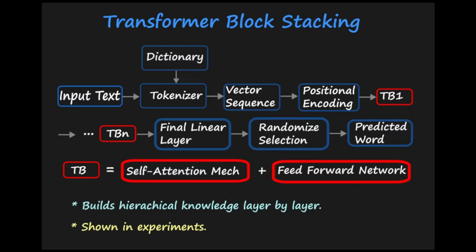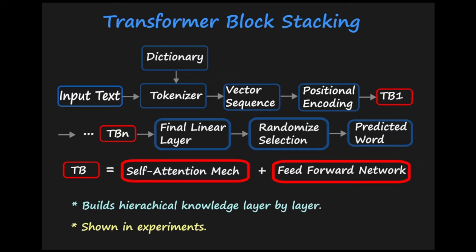By experiments, it's been observed that lower level layers recognize surface level patterns, such as what words are next to each other. Middle layers capture medium range patterns, for example, subject-verb agreement and phrase structure.